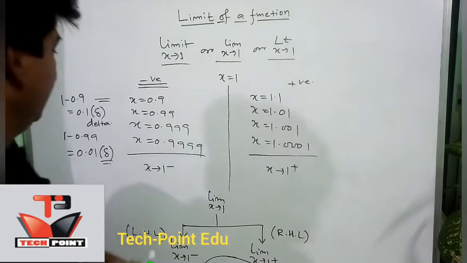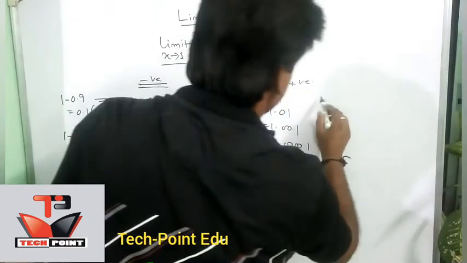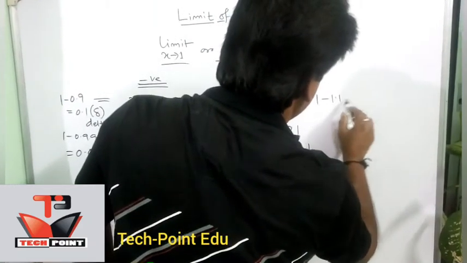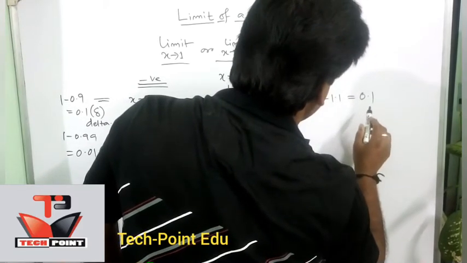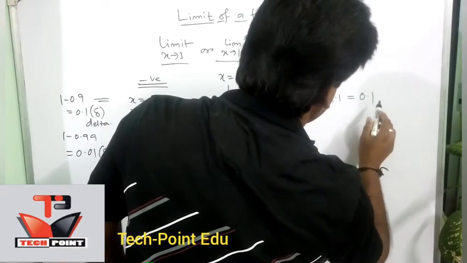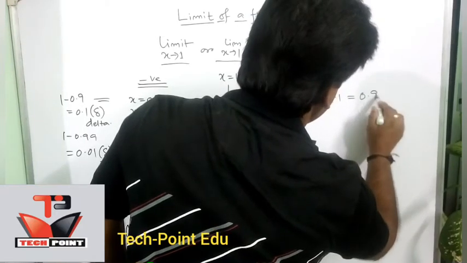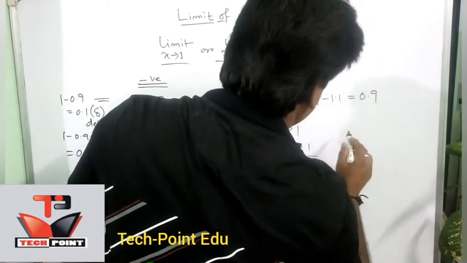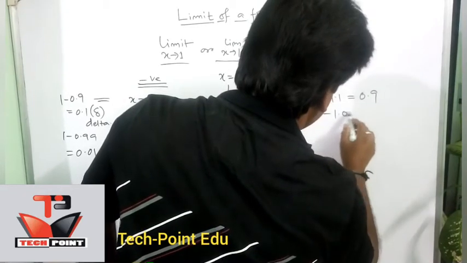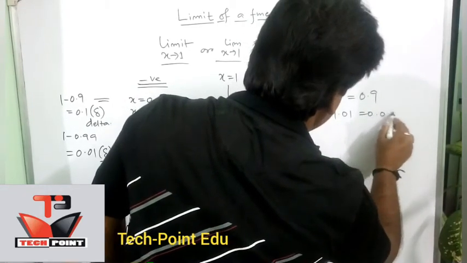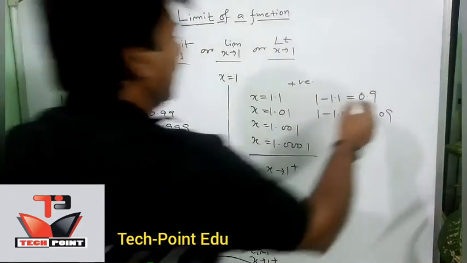In that way, here the delta will be 1 minus 1.1, that is 0.1, 0.9, and 1 minus 1.01 is 0.09. In that way, these are delta.